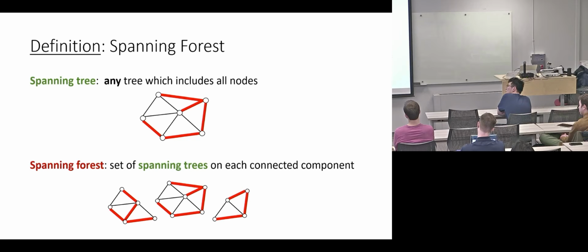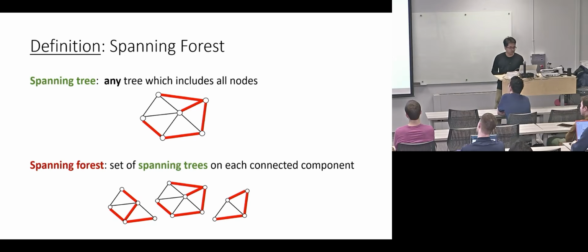Basically, it's a tree that includes all vertices in the graph. So it's a graph with no cycle, and it's spanning, so it includes every node in the graph. And a spanning forest is just a set of spanning trees, one on each connected component, like this picture. Makes sense, right?